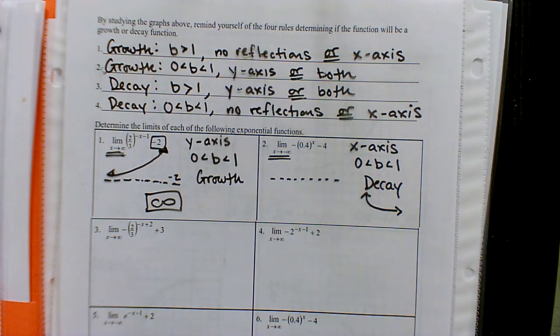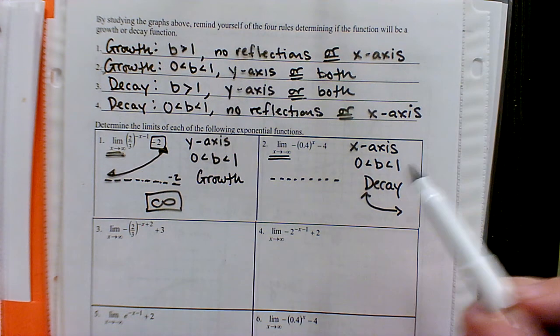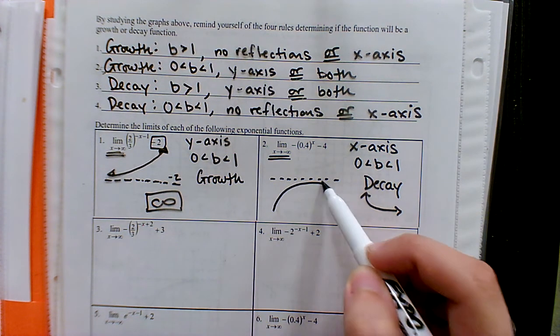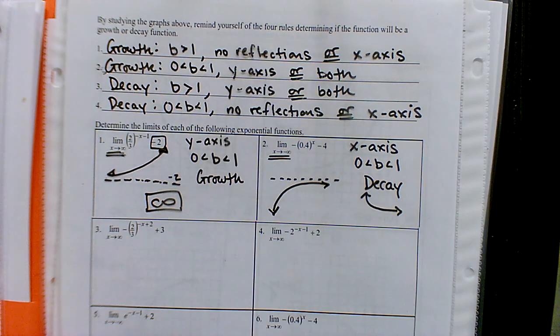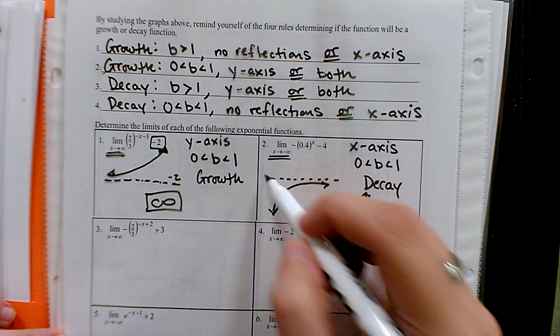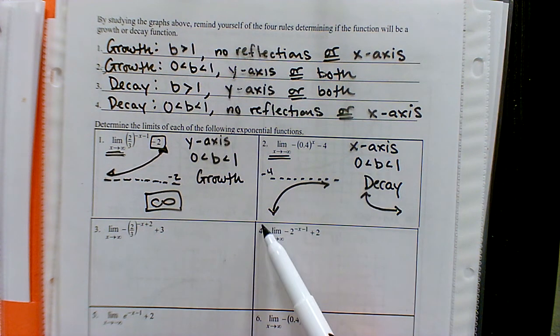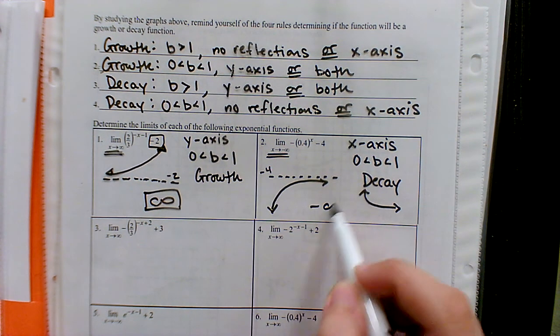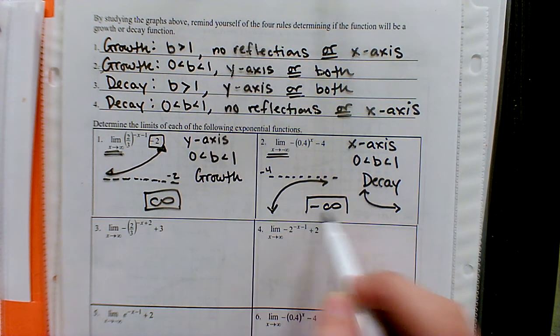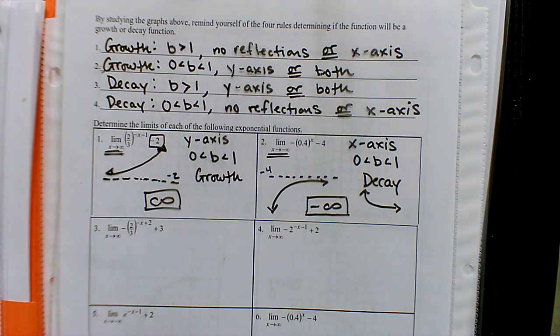And if we flip it upside down, because of that x-axis reflection, it's now going to look like that. That's the only flip we do. So as we go forever to the left, this exponential function is going to go down forever. So the limit would be negative infinity.